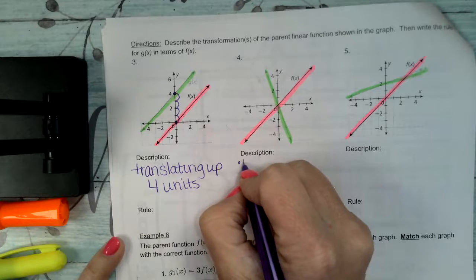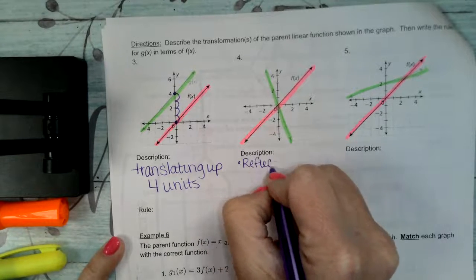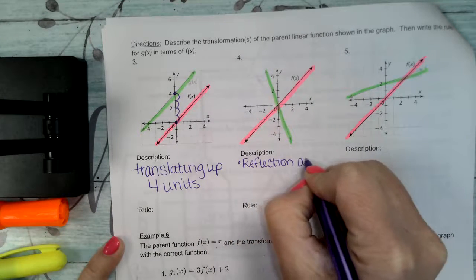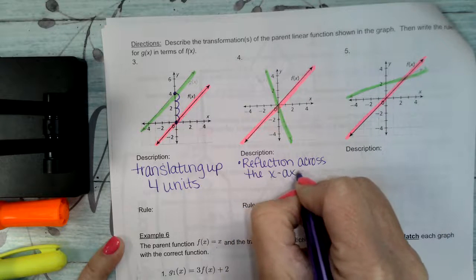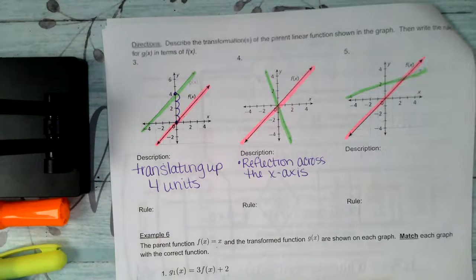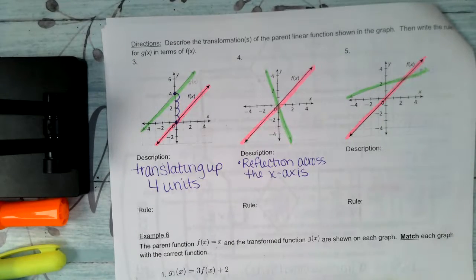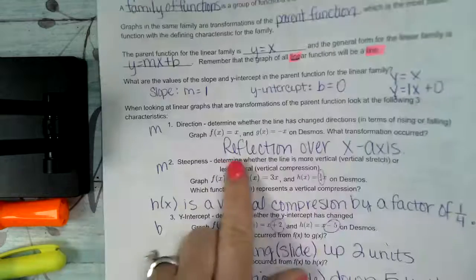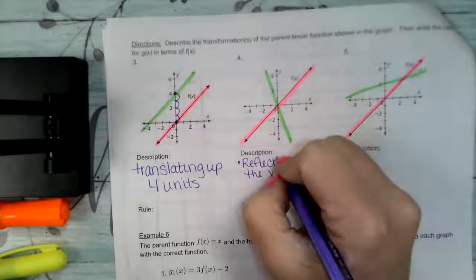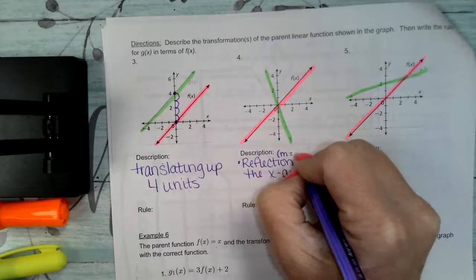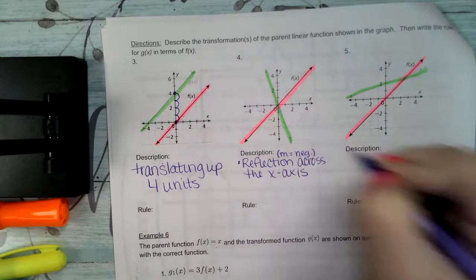And remember, when it's flipping, it's a reflection across the x-axis. And if you remember from the front page, when it's a reflection across the x-axis, that means our slope has to be negative. So looking at this, I'm just going to make a little note to myself. M is negative.